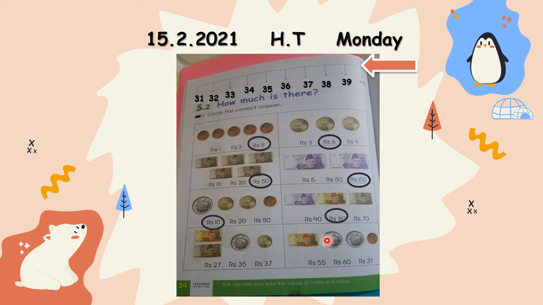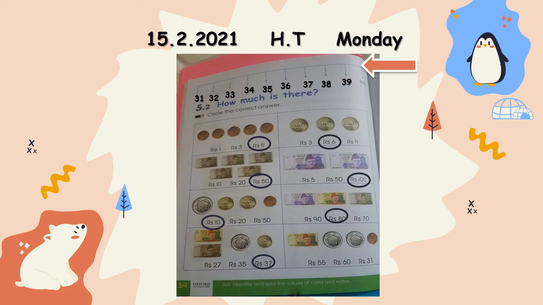The next one is, there is a note of 20, then 10, then there is a coin of 5, and there is a coin of 2. If you are going to add them, 20 plus 10 plus 5 plus 2 is equal to RS37. Circle RS37.